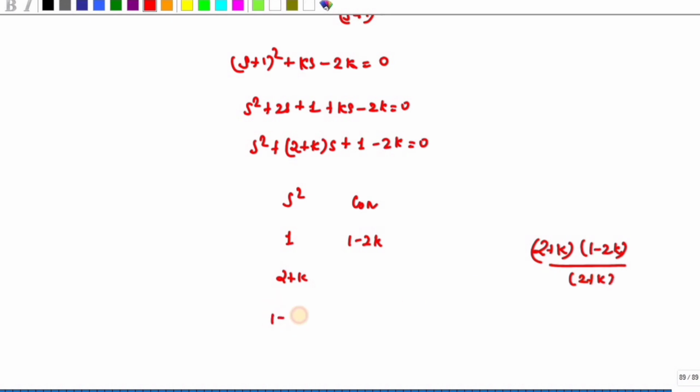So here 2 + K must be greater than 0 and 1 − 2K must be greater than 0. So I will get 1 is greater than 2K, so 1/2 is greater than K, and K must be greater than 0.